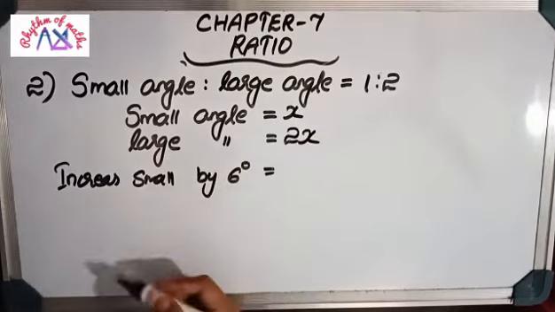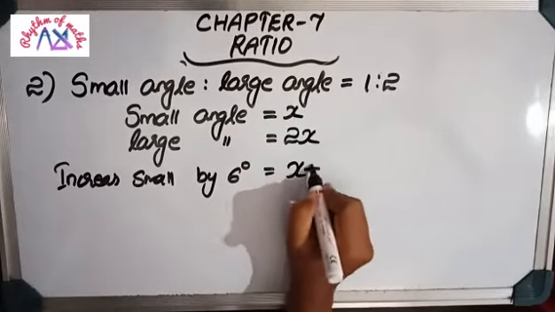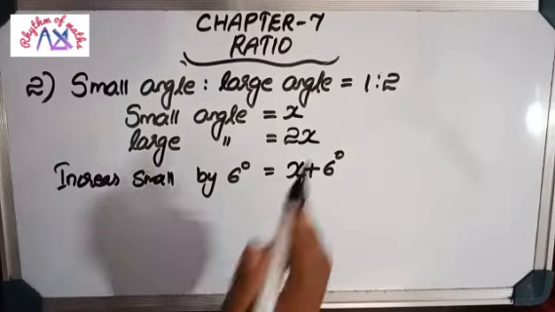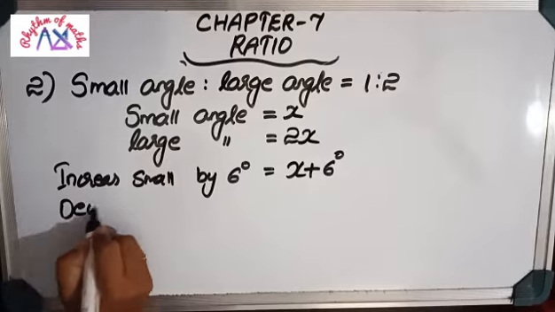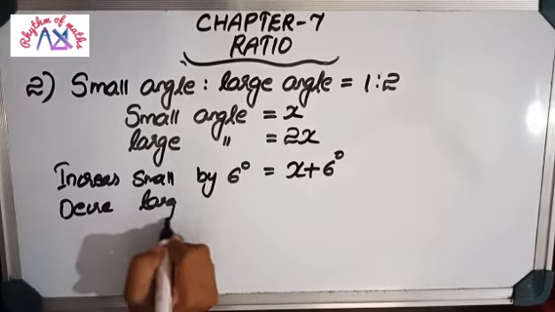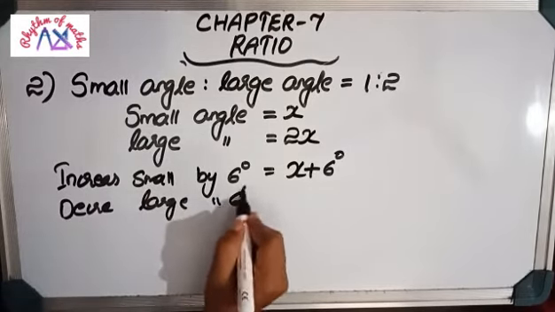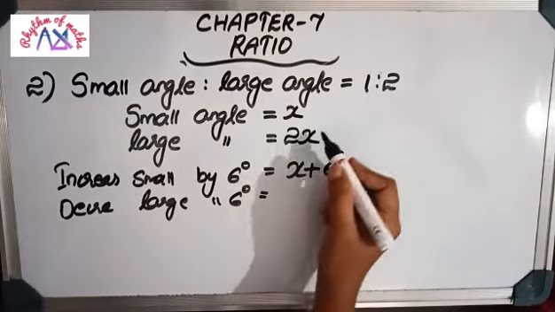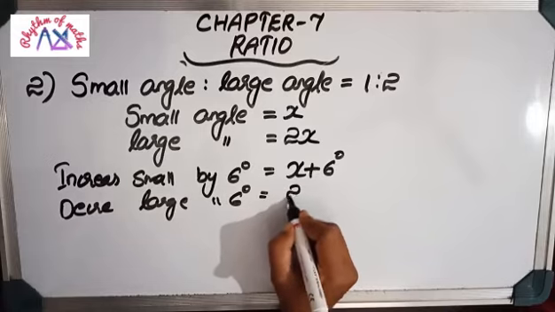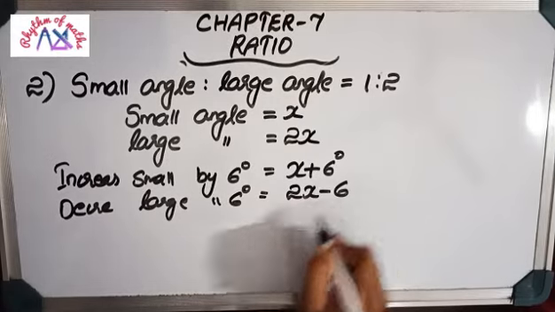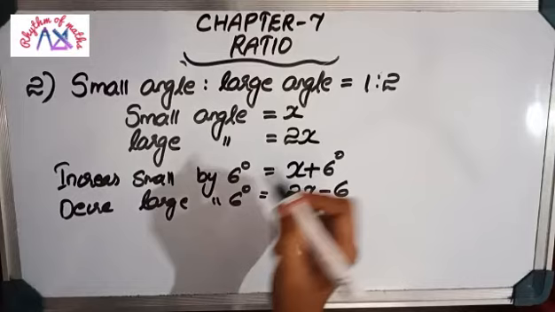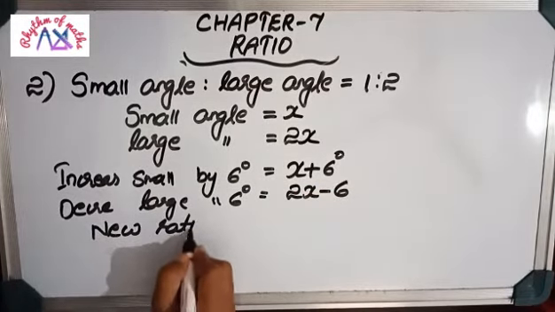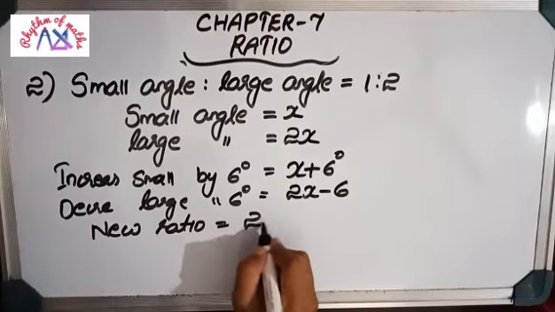After adding 6 more degree, the answer will be x plus 6 degree. Now decreasing the large angle by 6 degree. Decreasing means minus. Already 2x is there. We are decreasing the large angle, so it is 2x minus 6. If we are doing so, what is the new ratio? It is given that the new ratio equal to 2 is to 3.